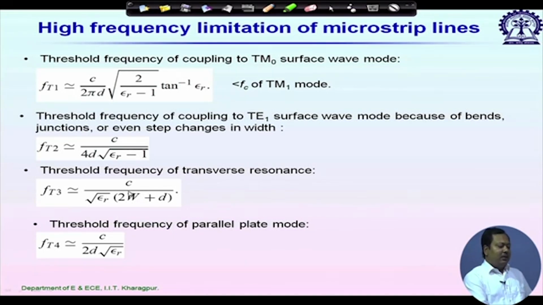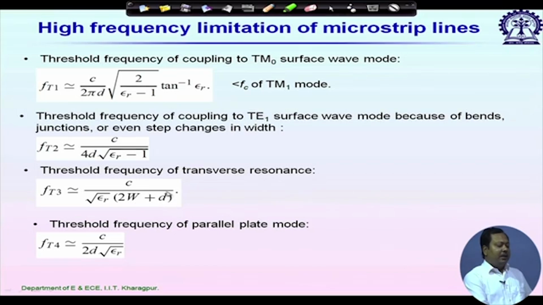So you see, it depends on the width of the microstrip line. We have a new parameter which was absent in FT1 or FT2. So if I consider a 50 ohm line, then we have to calculate the corresponding width in the given substrate, and D is the thickness of the substrate.